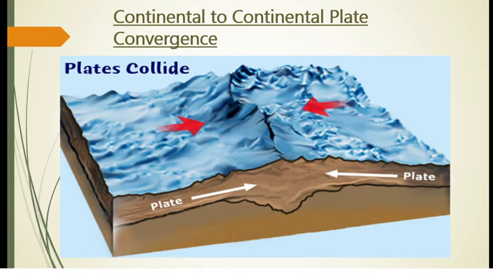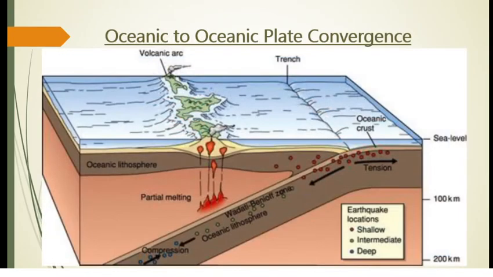Now let's try to go back first to the oceanic to oceanic plate convergence. In this region right here, earthquakes are created because of the grinding of the plates, and it will actually result in strong earthquakes. And since the focus is under the ocean water, definitely we can expect that a tsunami may rise up.